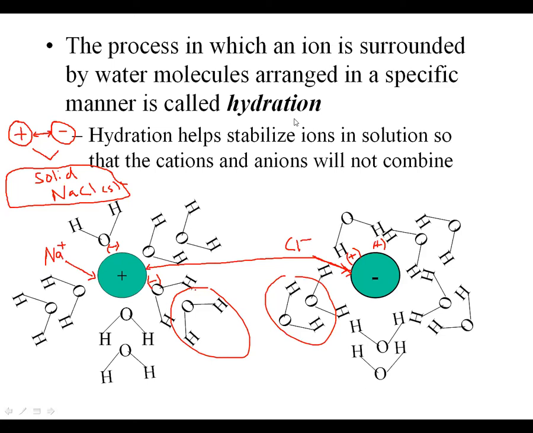So that's the process where water works as a solvent, which is what we see on the screen. And what we see on the screen is really what is represented when we write aqueous. When we have sodium ions there, it's really sodium ions with a bunch of waters attached to them, but we don't write those in formulas like that.